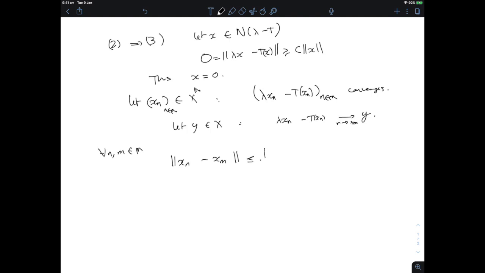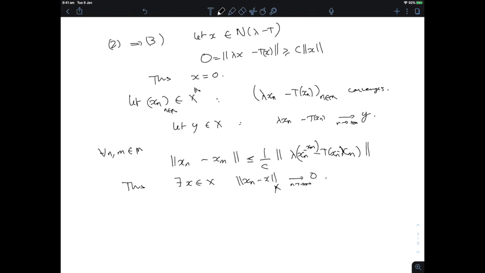The norm of xn minus xm has to be smaller than 1 upon c times the norm of lambda minus t applied to xn minus xm. Right. But this is a Cauchy sequence because lambda xn minus txn does converge to y. So therefore there exists an x in x such that xn converges to x as n goes to infinity. Very good.